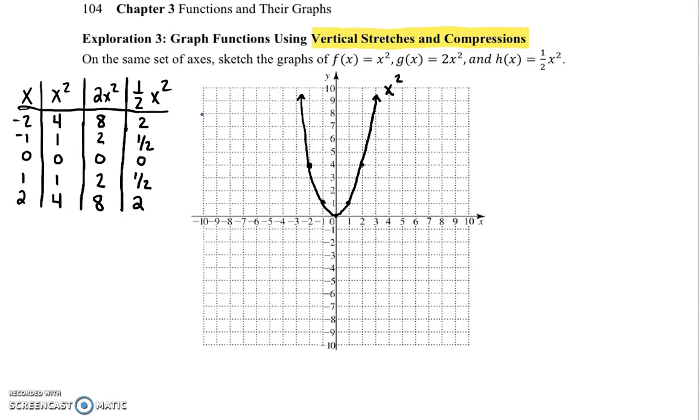Okay, with 2x squared, instead of a 4, we've doubled the value. Same thing for the 1, and same thing on the right-hand side. So we still get a parabola, but it's narrower.